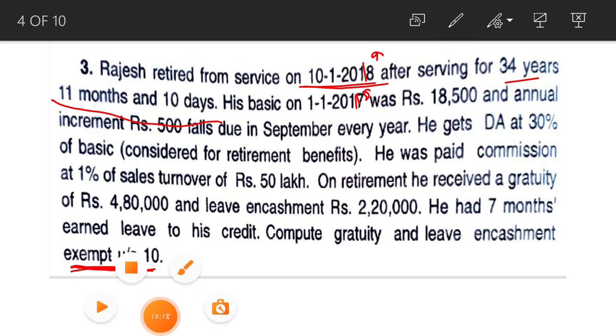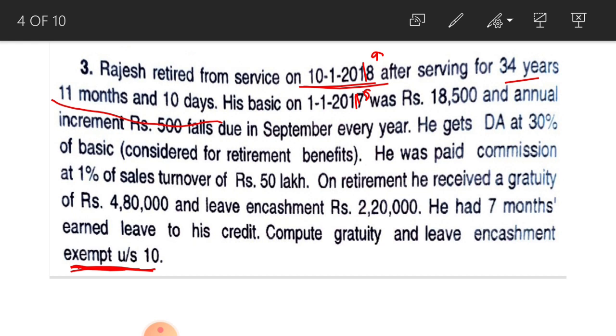That means this 18,500 does not include increment of 500 rupees. With the increment, his salary amounts to rupees 19,000 because this basic is as per the date 1st January of previous year. So 18,500 does not include increment. With increment, his basic amounts to rupees 19,000.